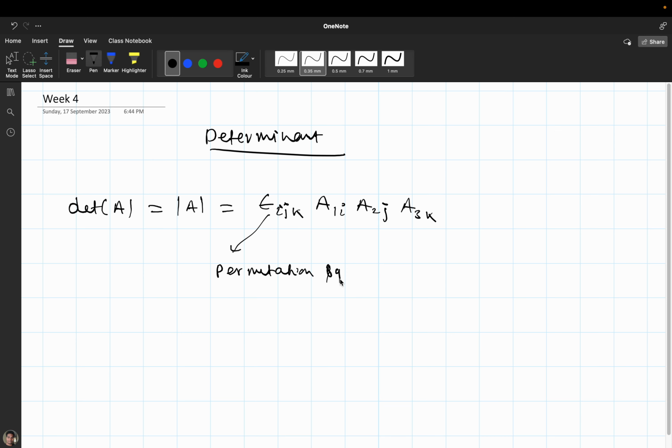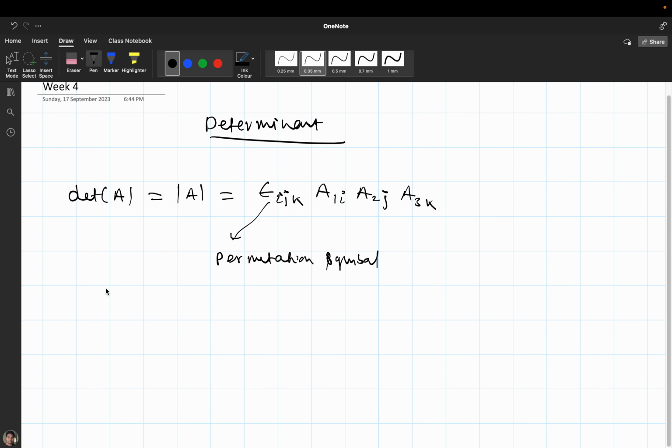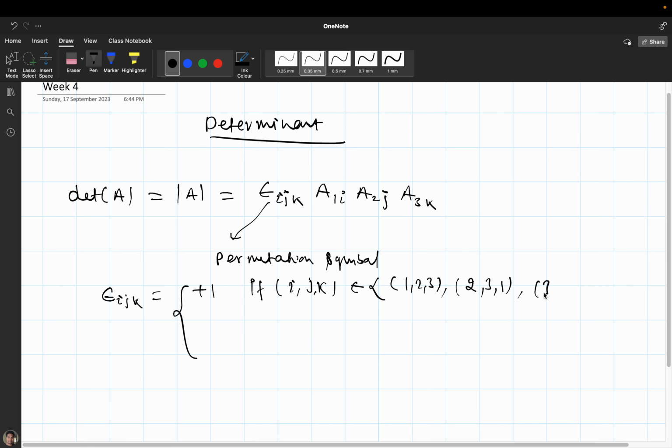The meaning of this is, its value is +1 if i, j and k belong to 1, 2, 3, 2, 3, 1 and 3, 1, 2.